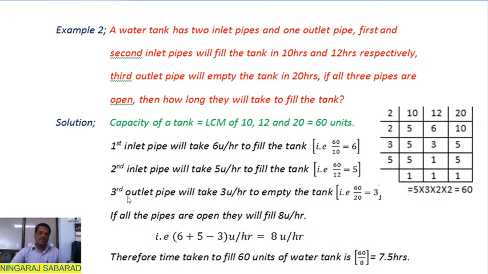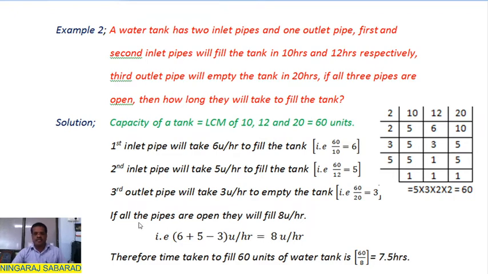In the same way, the third outlet pipe will take 3 units per hour to empty the water tank. Again 60 divided by 20 gives 3, where 20 is the time taken to empty the tank from the third outlet pipe.